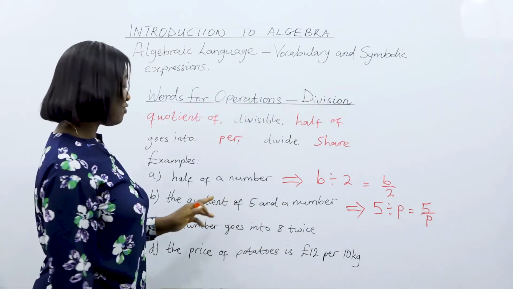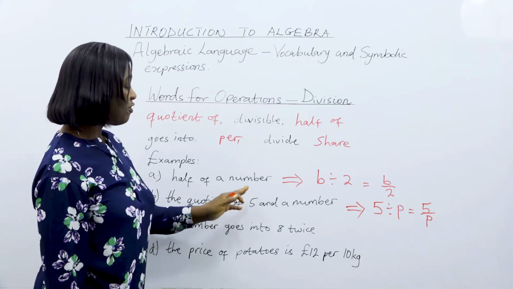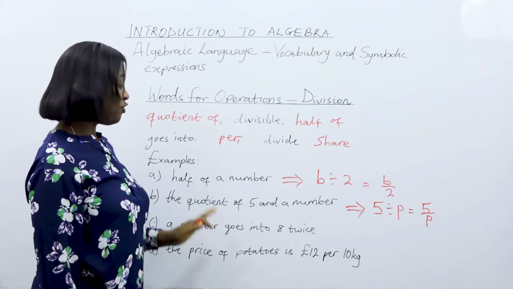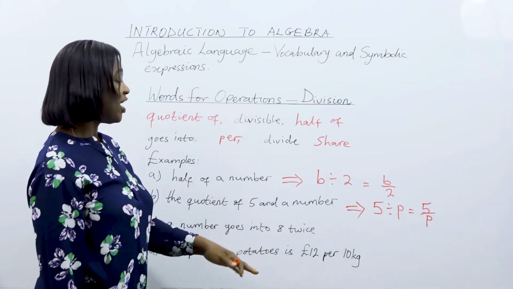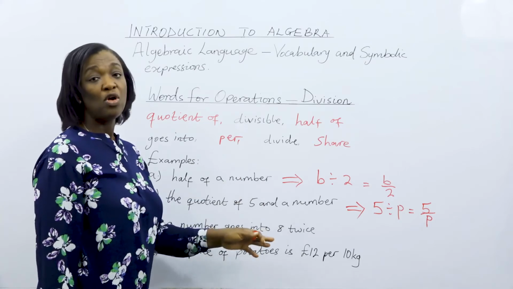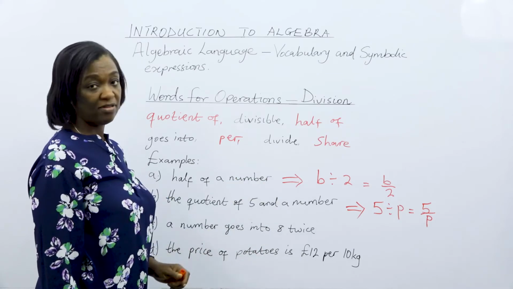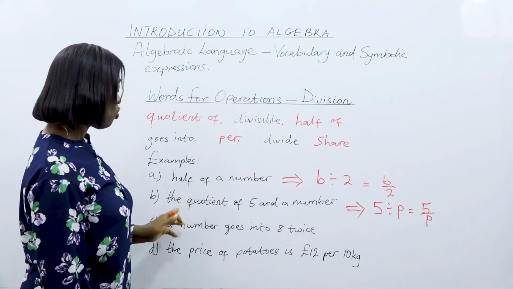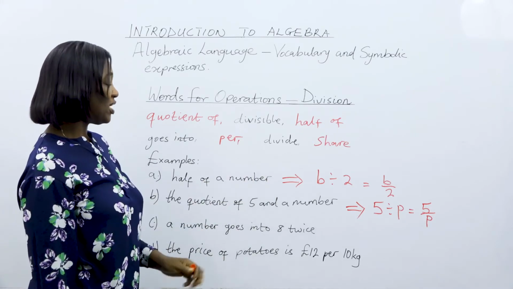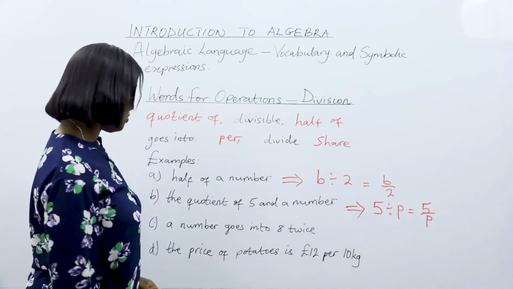And this is different from the quotient of a number and 5. So if we had the quotient of a number and 5, and we say let our number be p, that would have been p divided by 5, which would be p over 5. So take note of that. The quotient of 5 and a number, and we decide to make the number p, is 5 over p.